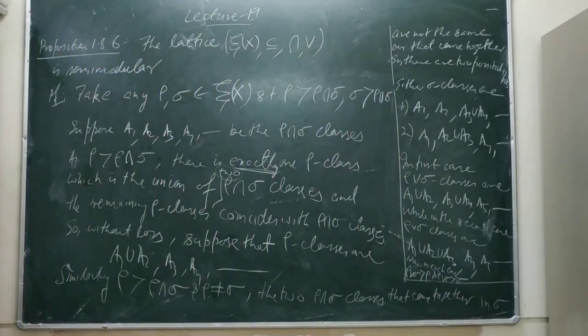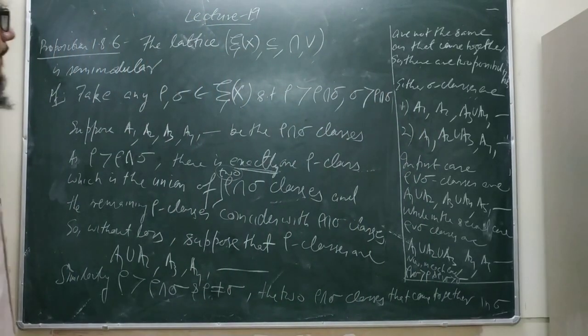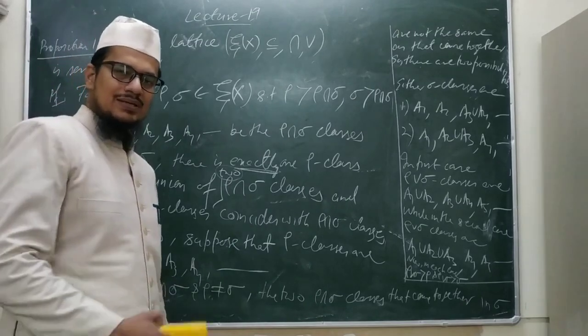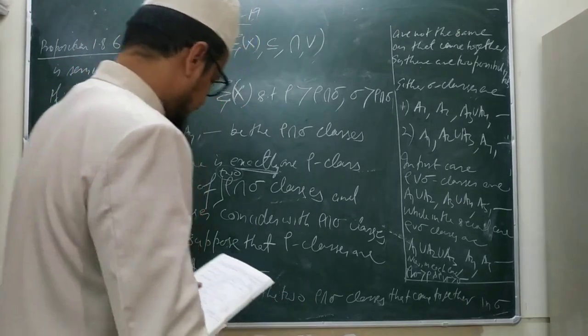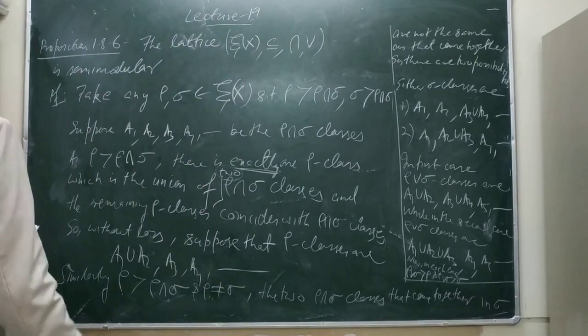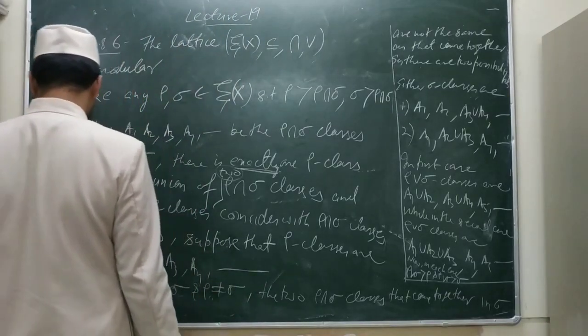Now we see the next definition, that is, the direct product of lattices, and how we define the partial order here.